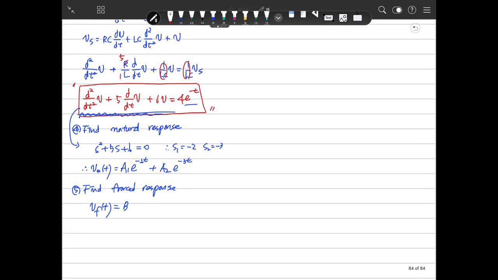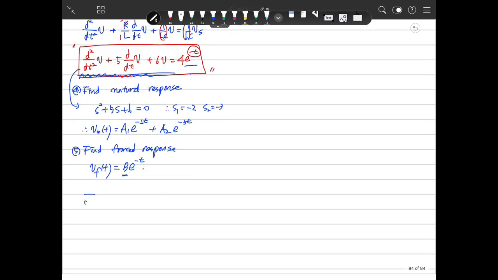Because this is the form of exponential minus t, we can make the forced response b exponential minus t. What should we do to get b? We apply that formula here: d squared/dt squared of b e^(-t) plus 5 d/dt of b e^(-t) plus 6 b e^(-t) will be 4 e^(-t).